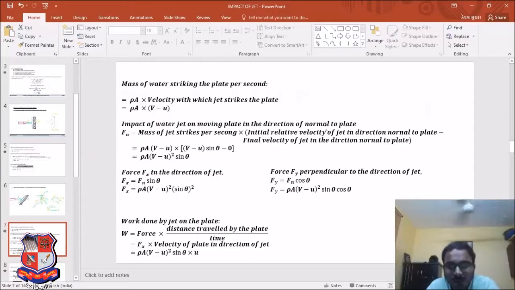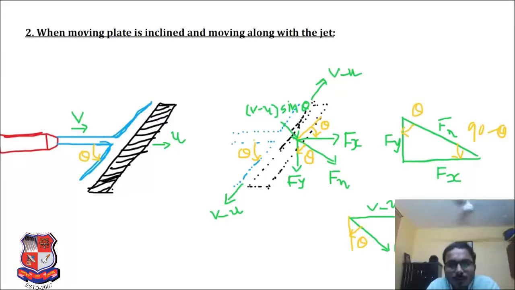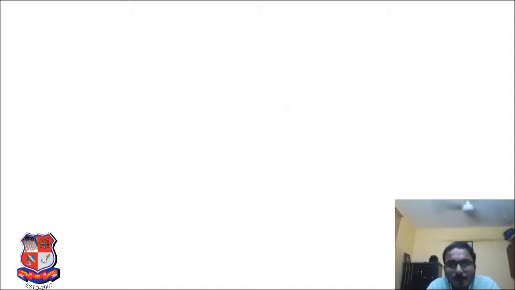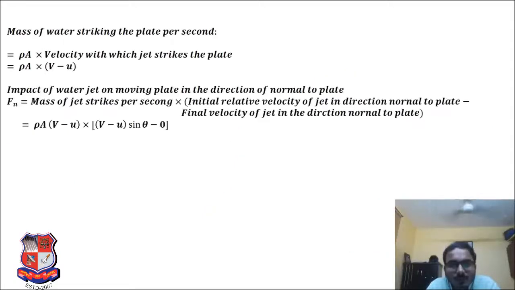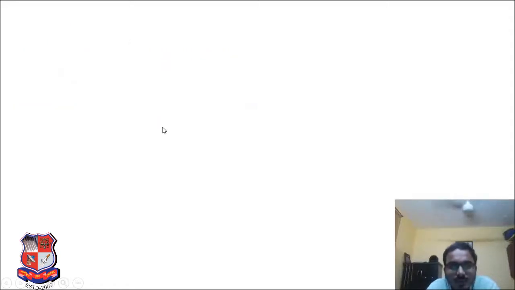Now you might get confused about why we are taking the final velocity as 0. Why is the final velocity 0?